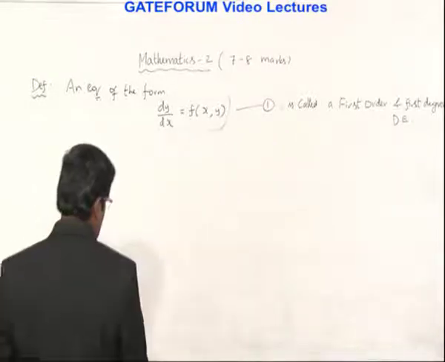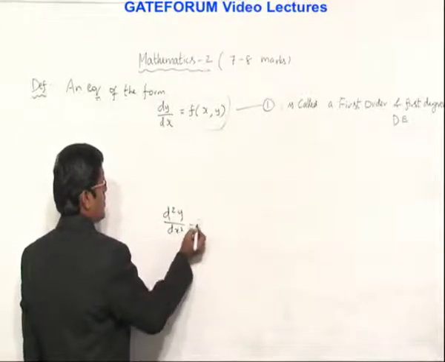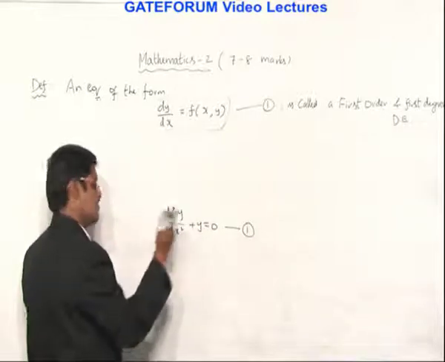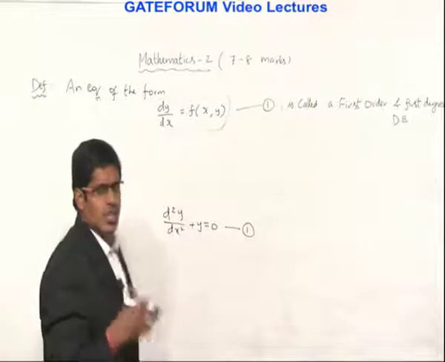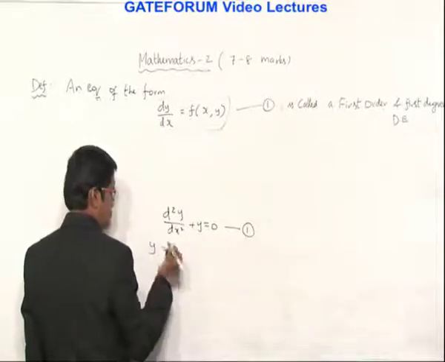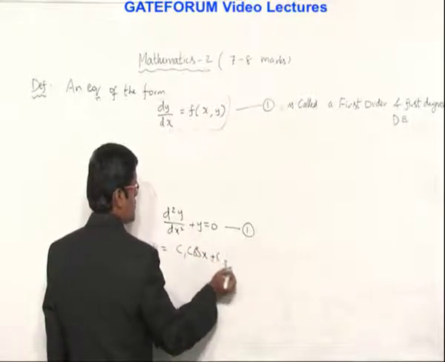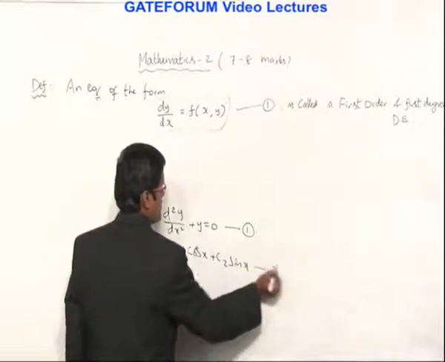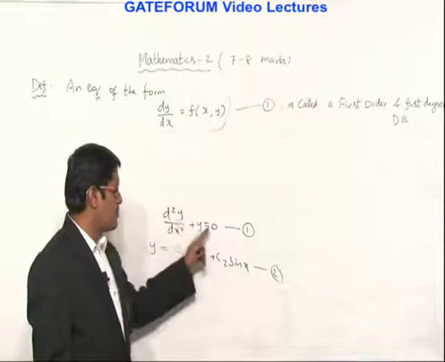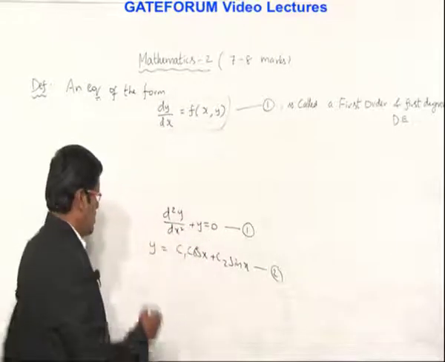For example, take a simple equation d square y by dx square plus y is equal to 0. This is equation 1. Of course, this is not first order. I am taking y is equal to c1 cos x plus c2 sin x. This is equation 2.